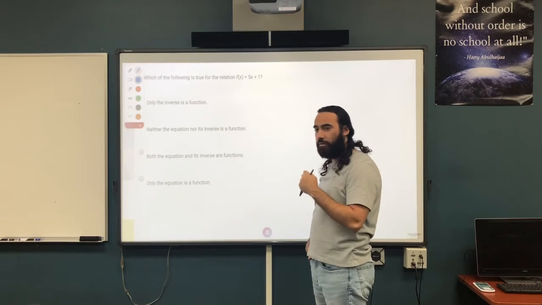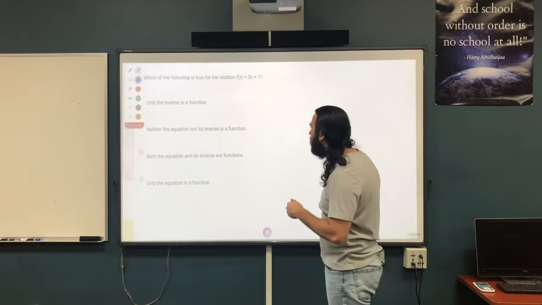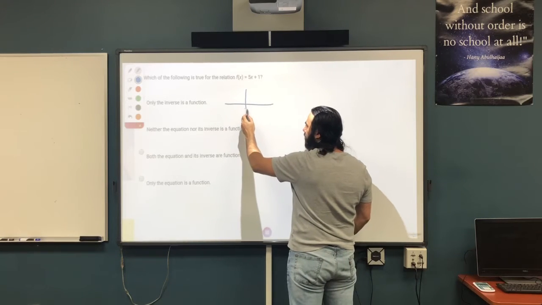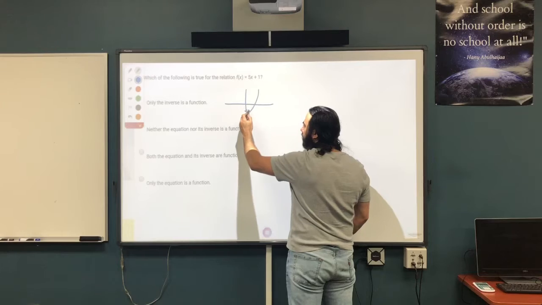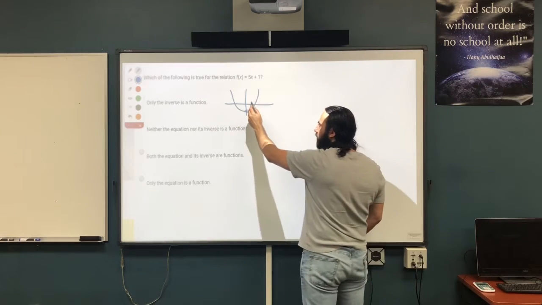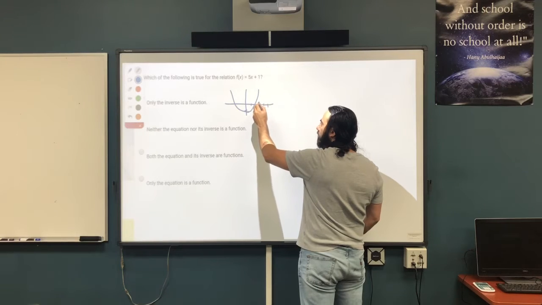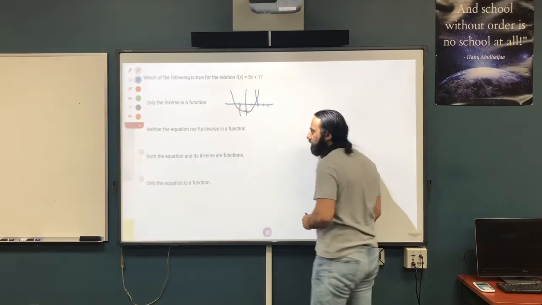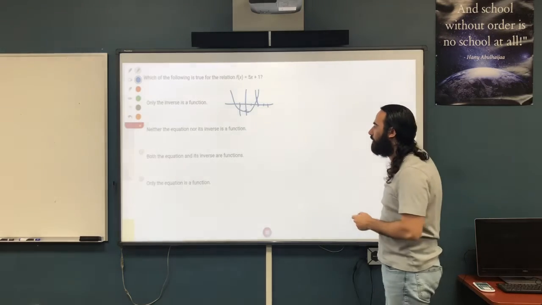For example, if you have this graph, as you can see, to every value x, there's only one value y. It doesn't intercept the graph more than once.